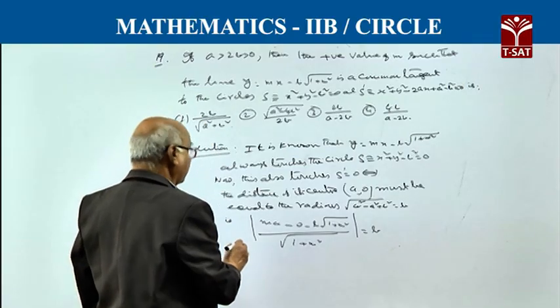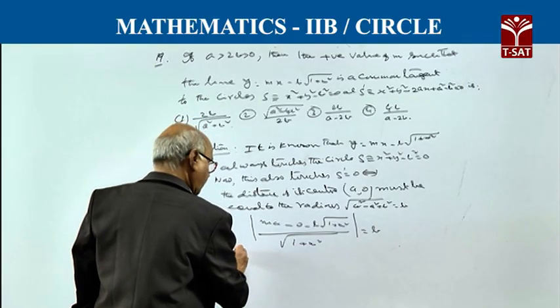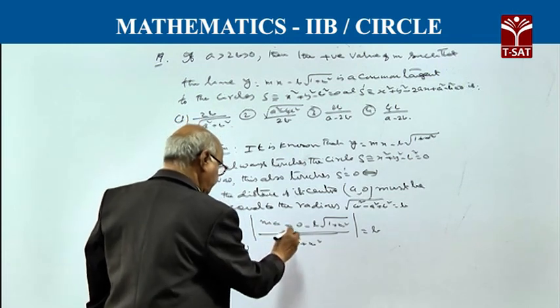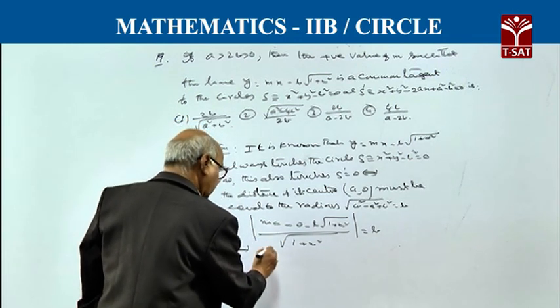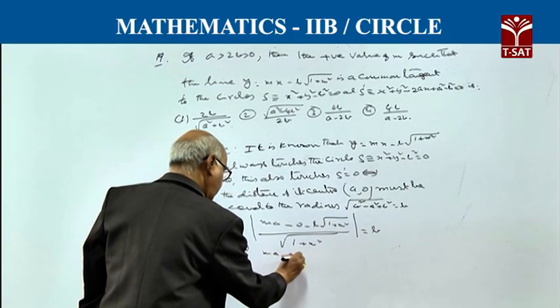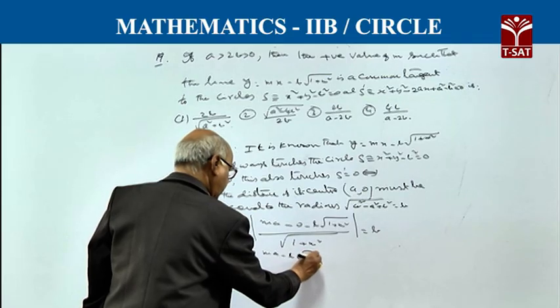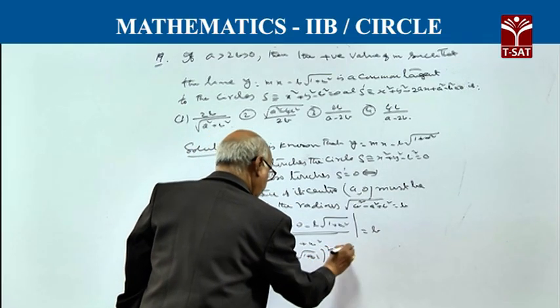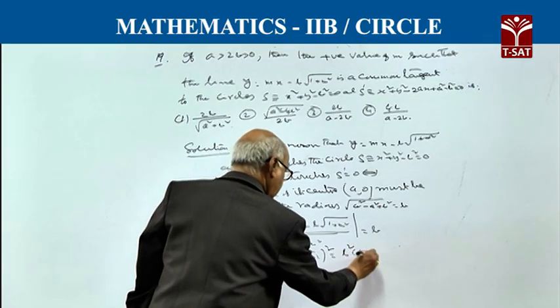So, that implies (ma minus b into root over 1 plus m square) whole square is equal to b square into (1 plus m square).